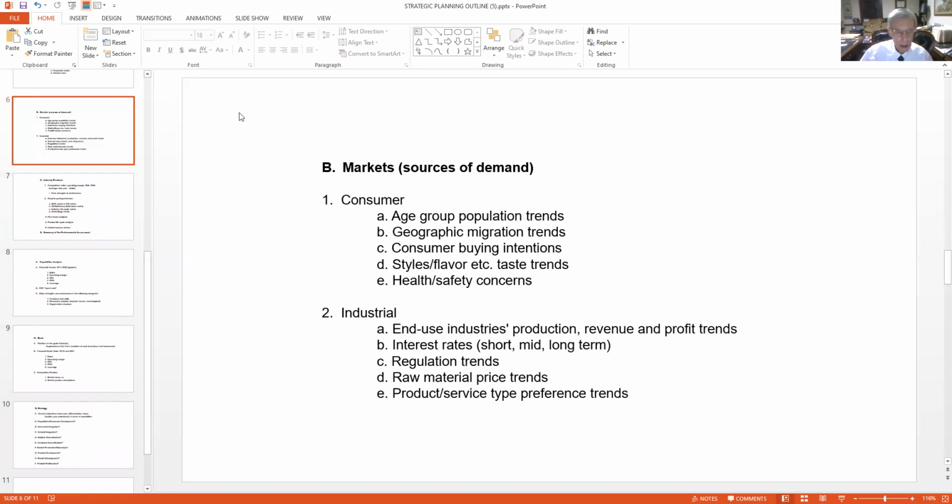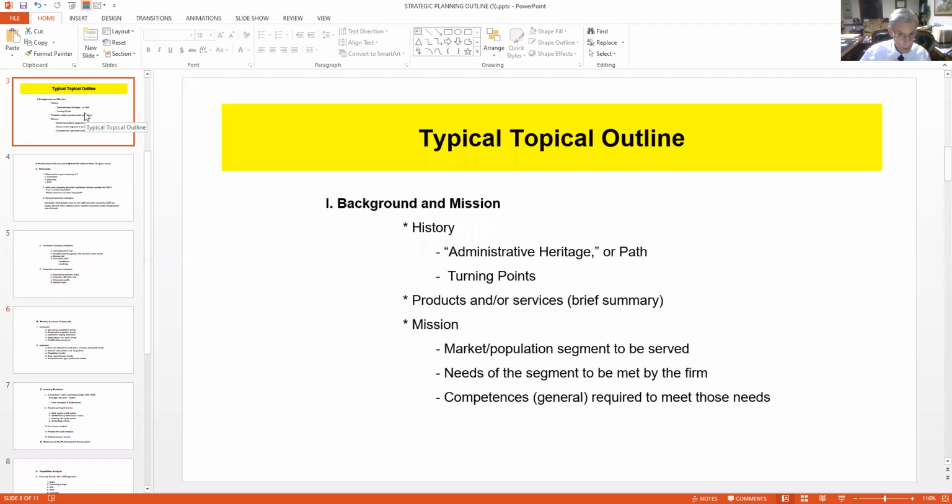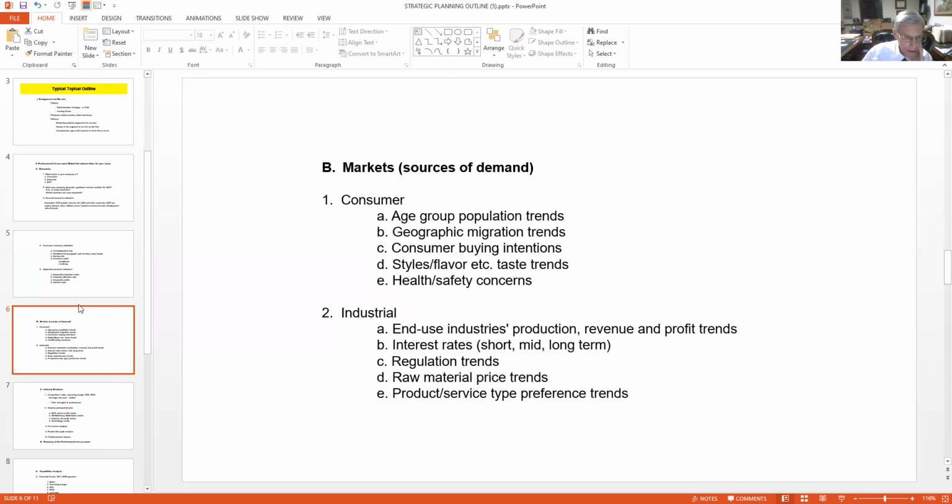Okay, so let me just stop here a minute. What we've talked about so far, the background and mission, and the economics, and now markets are all going to be the subjects of information to be gathered in the first week of your team's project, which is week number 4 of this course.